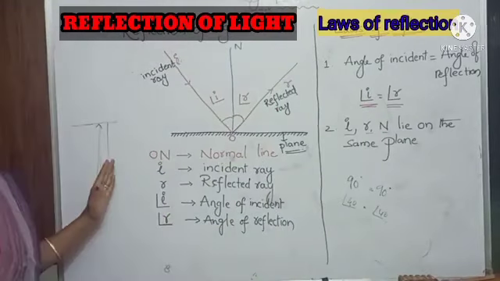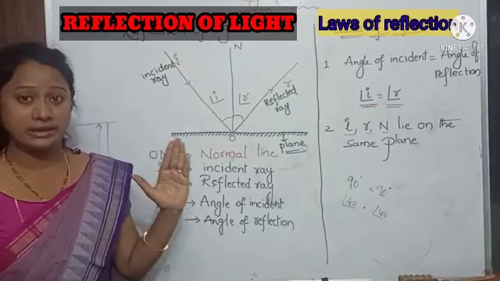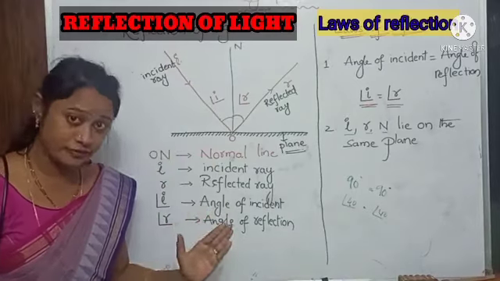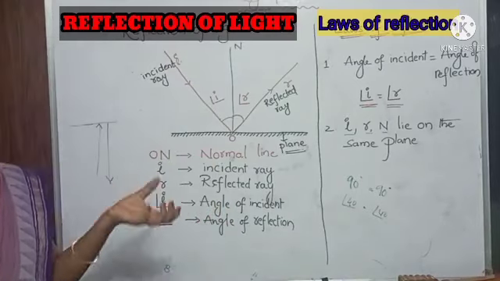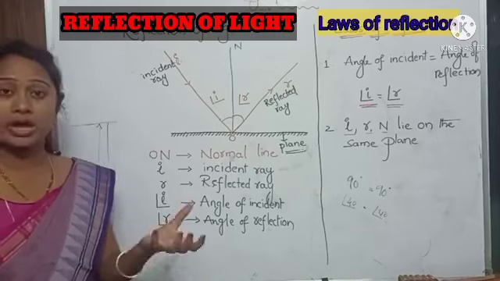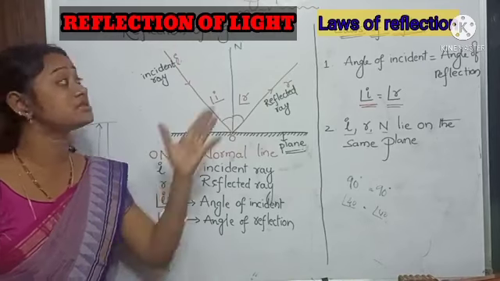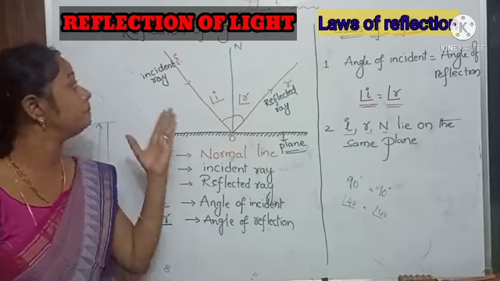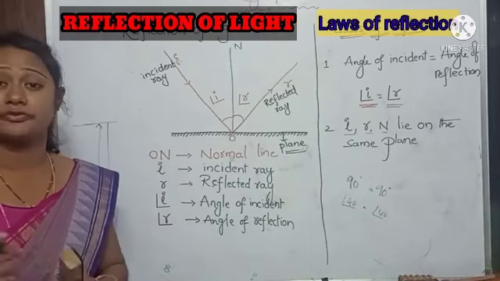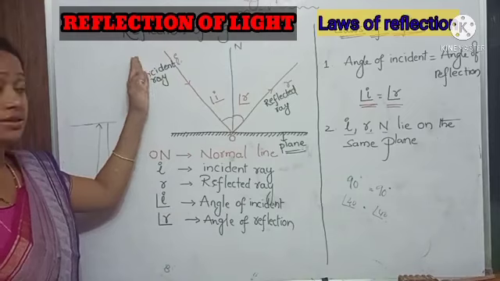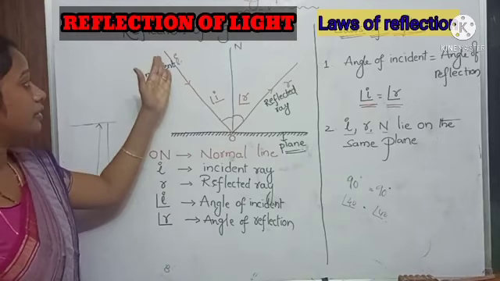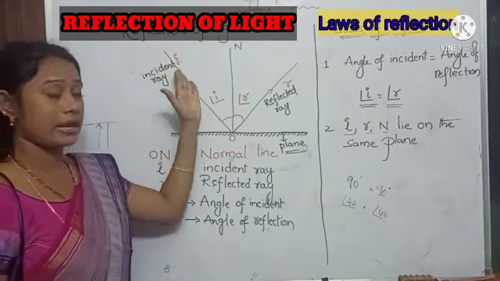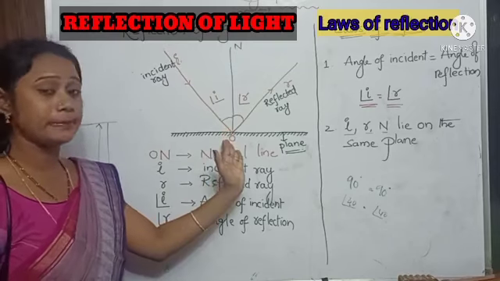Okay, this is about the reflection of light. What is the reflection of light? The bouncing back of an incident ray with the same speed in the same medium, without any change, is known as the reflection of light. Suppose we incident a light ray on a plane mirror.